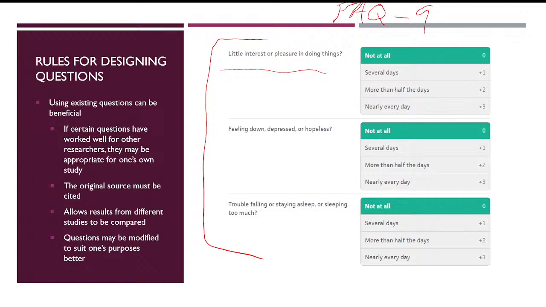More than half the days, a score of 2, and nearly every day, 3. When you get to the bottom of the 9 questions, you come up with a total score out of 27, and the closer you get to 27, the more depressed you are.